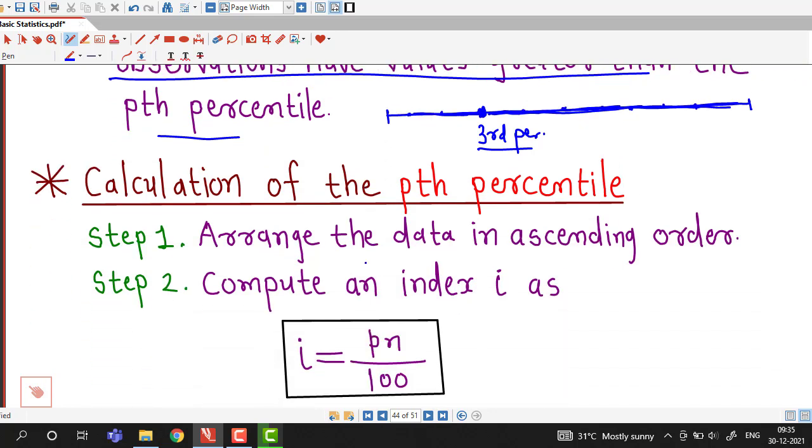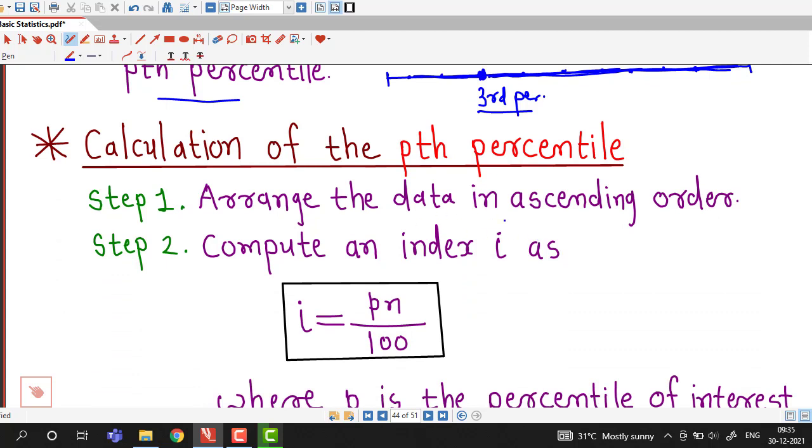For calculation, first we have to arrange the data in ascending order. That is, we have to write down the observations starting from smallest to largest value. In step 2, we calculate index I using this formula: I equal to p into n divided by 100, where p is the percentile in which we are interested, and n is the total number of observations.